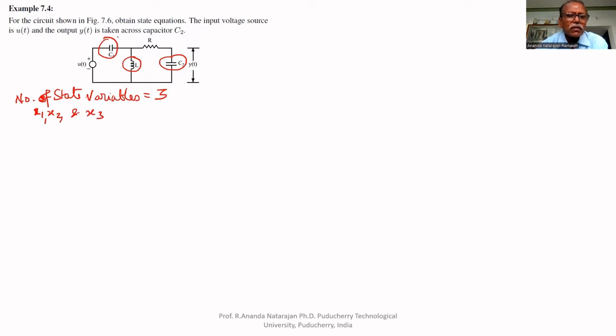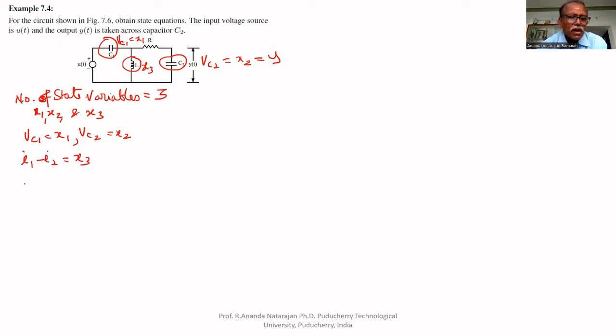Let the voltage across VC1 equal to x1, VC2 equal to x2 equal to y. The output is also the capacitor voltage. Let the current through the inductor be x3. That is VC1 equal to x1, VC2 equal to x2, and I1 minus I2 equal to x3.